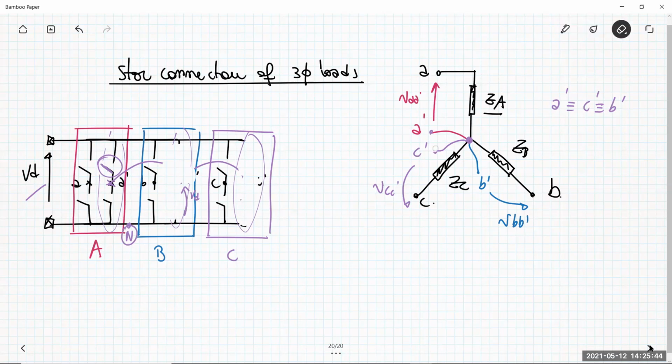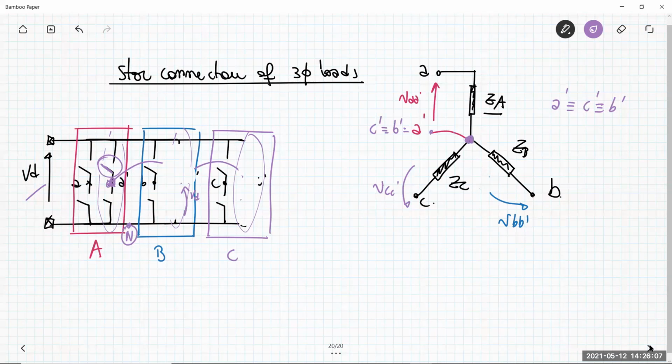So I can, for example, eliminate this node here, and this node here. Now C prime is the same as B prime, and that is the same as A prime. I have just A prime, and A prime is the reference node for all the other nodes, B, C, and A.